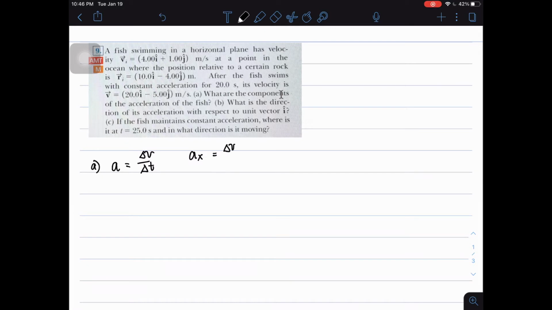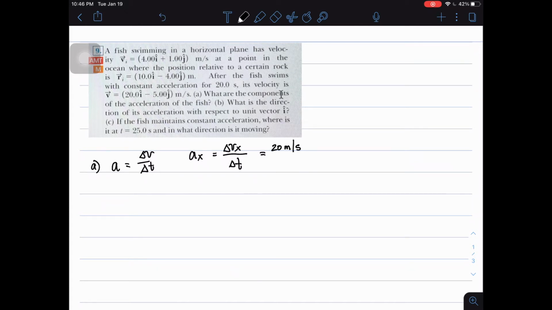So we know that the formula for acceleration is equivalent to the change in velocity over change of time. And since this is a two-dimensional acceleration, we have the x component of the acceleration and the y component, which will be solved separately.